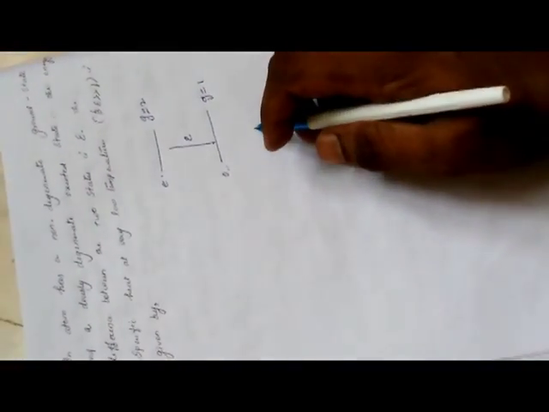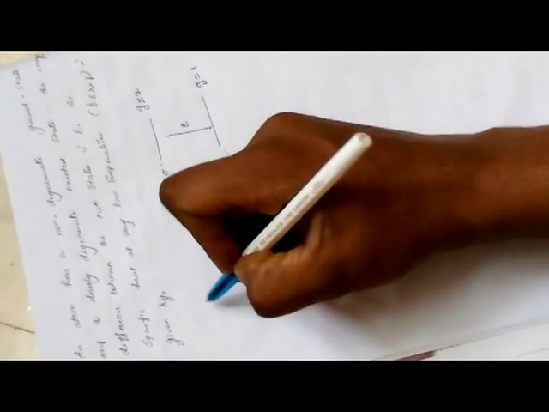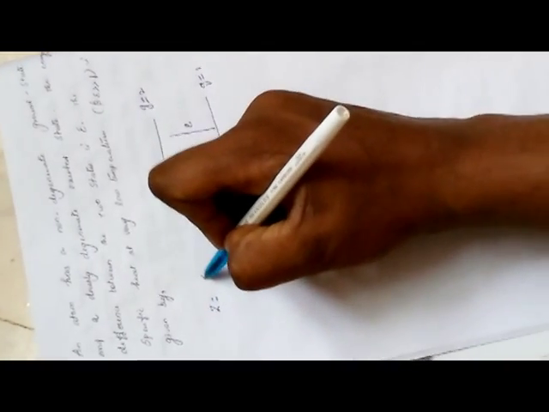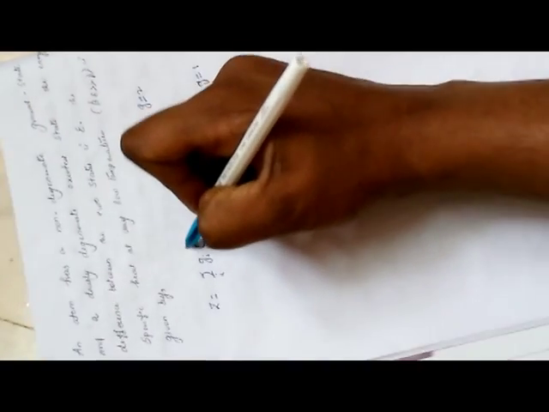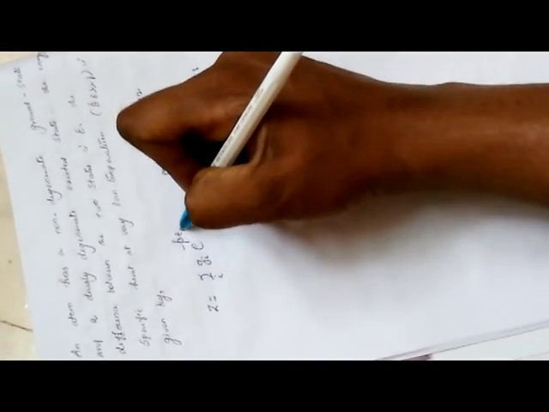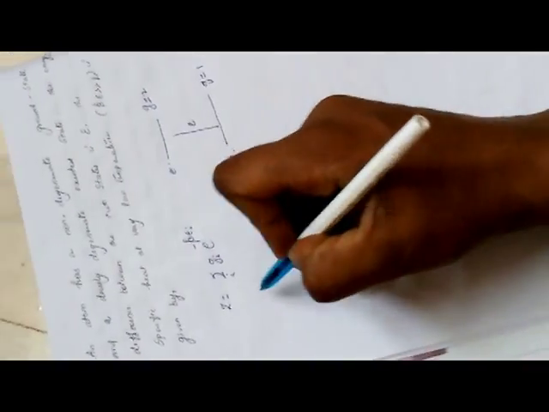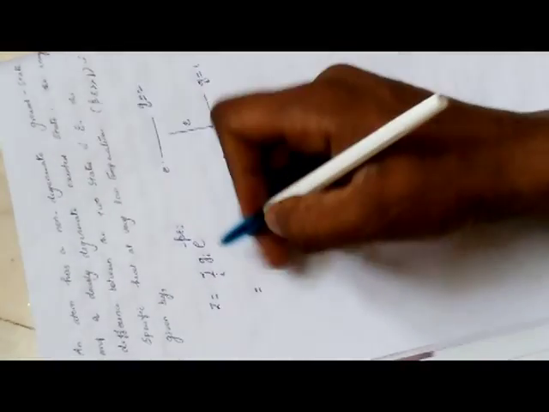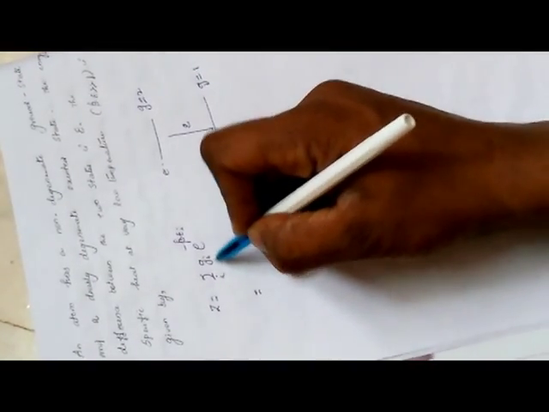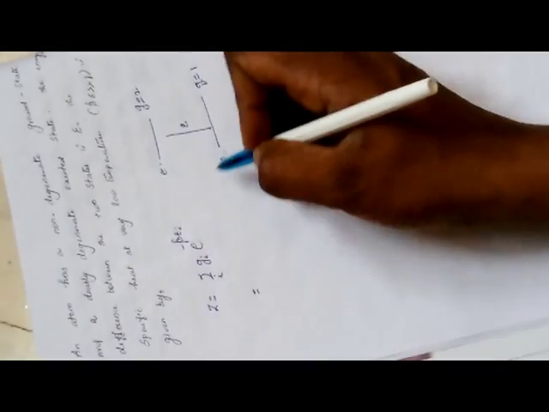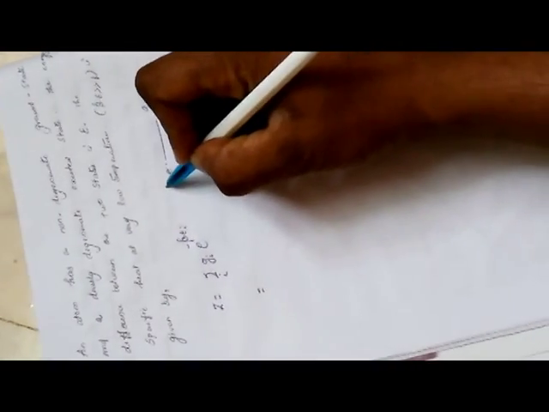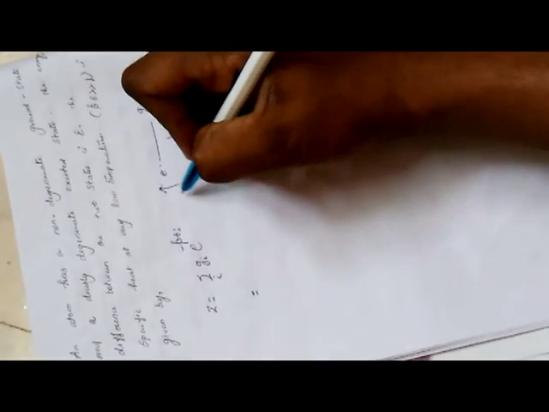From the partition function, we can write it as a sum over i of the degeneracy of each state times e to the power minus beta times the energy of each state, where i is the running index. First, the ground state has degeneracy 1 and energy 0. Here the y axis is the energy axis.